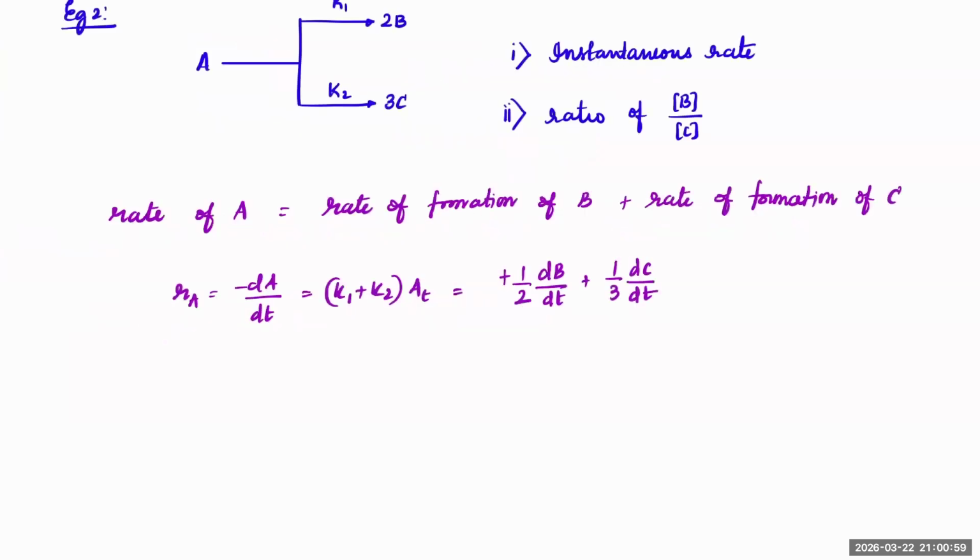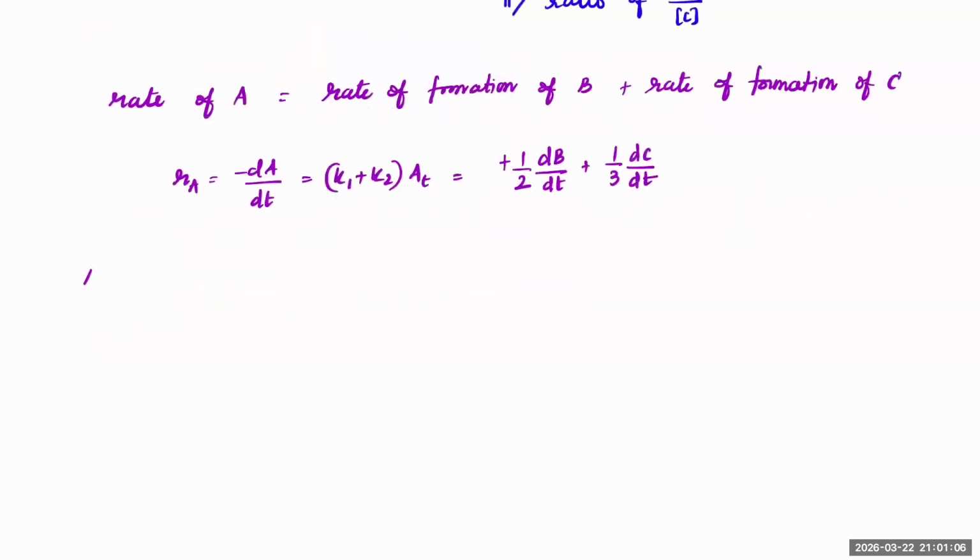So from here, the AT expression will be the same as A naught e raised to the power of minus K1 plus K2 into T. There is no problem here, and this is the first instantaneous rate expression.